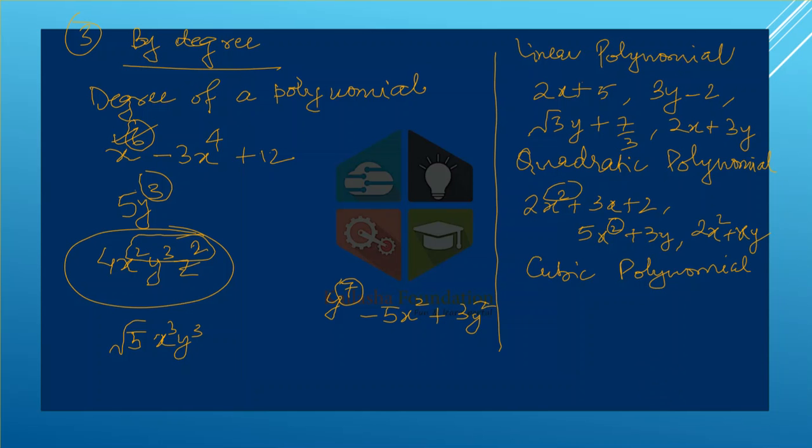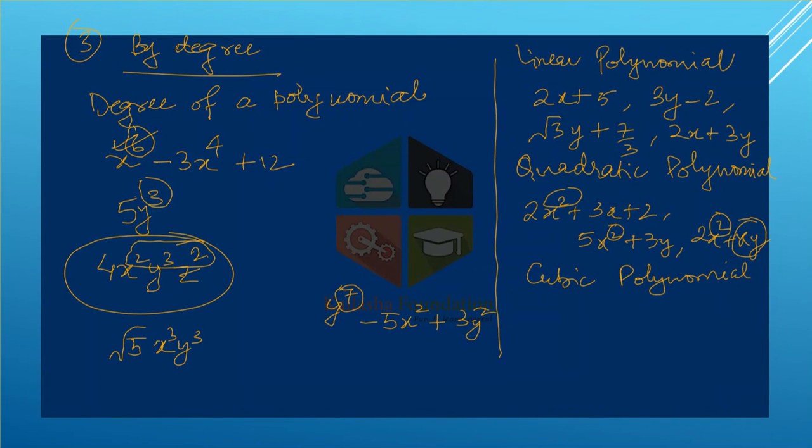Here the power is 2 and here also the power is 1 plus 1, that is 2. So the highest power is 2. If the highest power is 2, then it is a quadratic polynomial. If the highest power is 1, then it is a linear polynomial. And if the highest power is 3, then it is a cubic polynomial, because the highest power is 3.